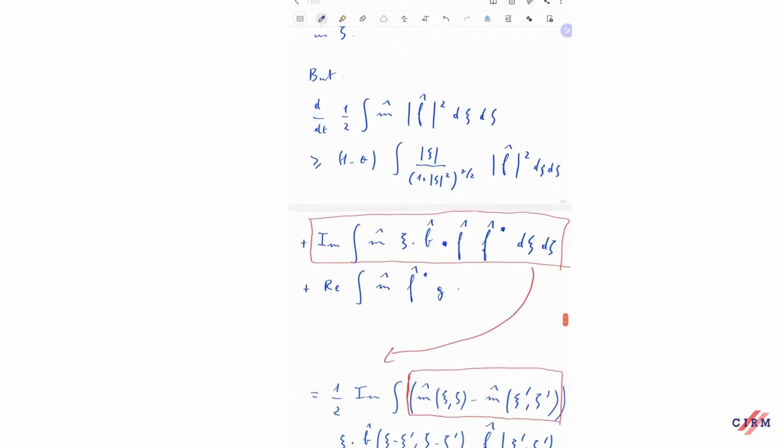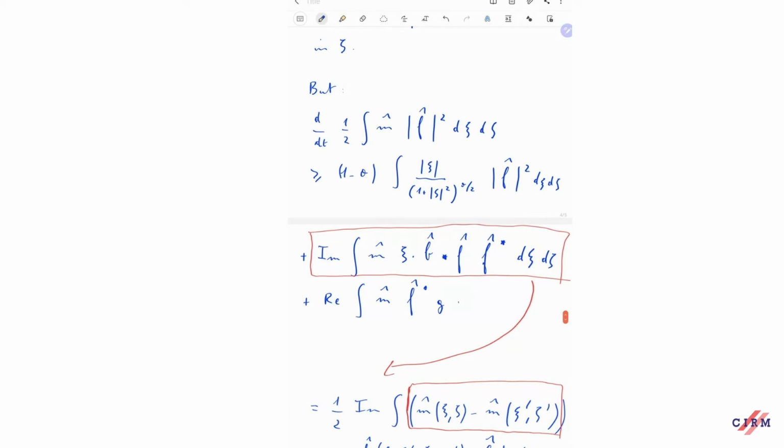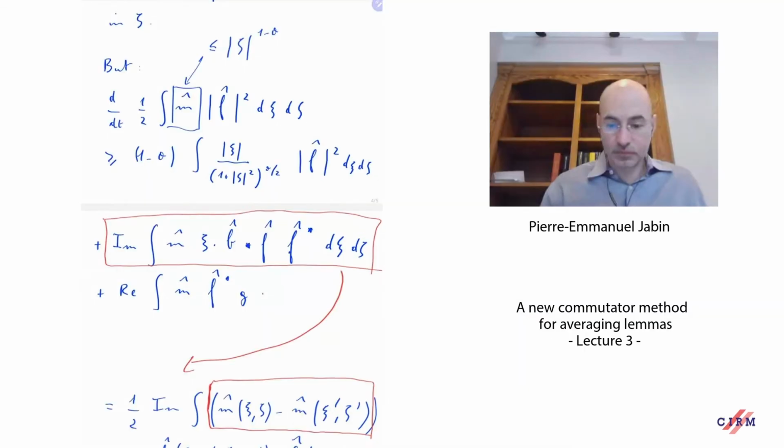Okay, and I'm going to remind you that m, for example, m hat behaves like zeta to the power 1 minus theta. Okay.